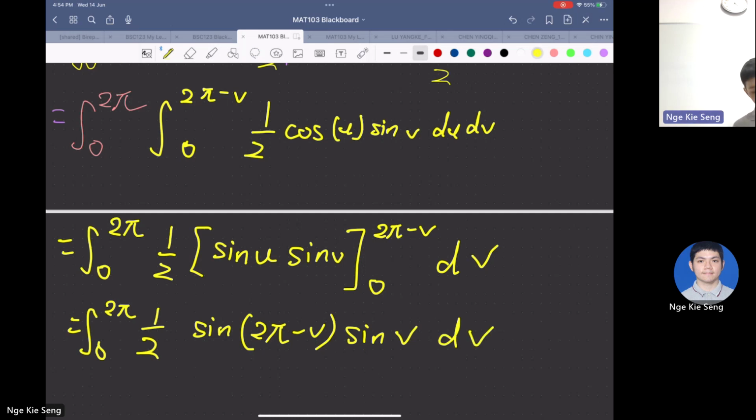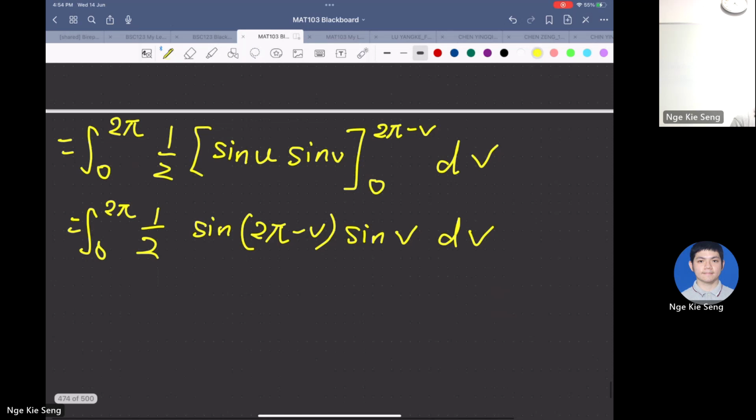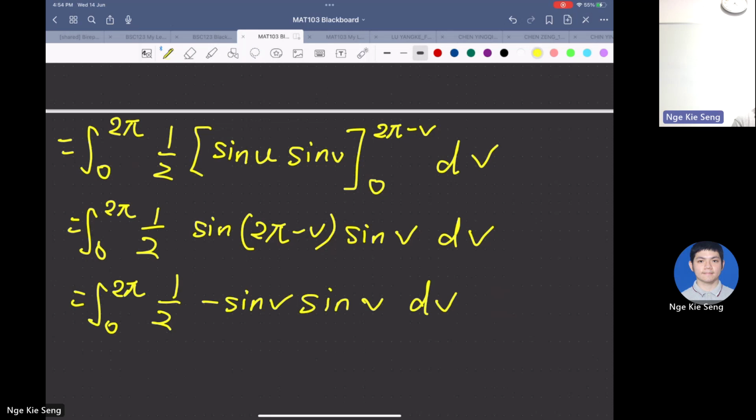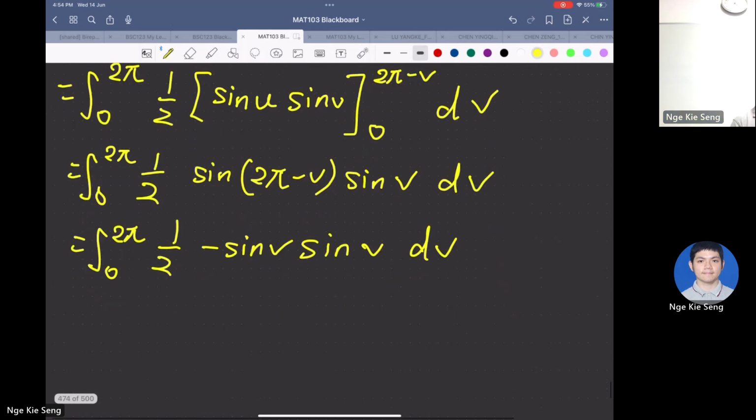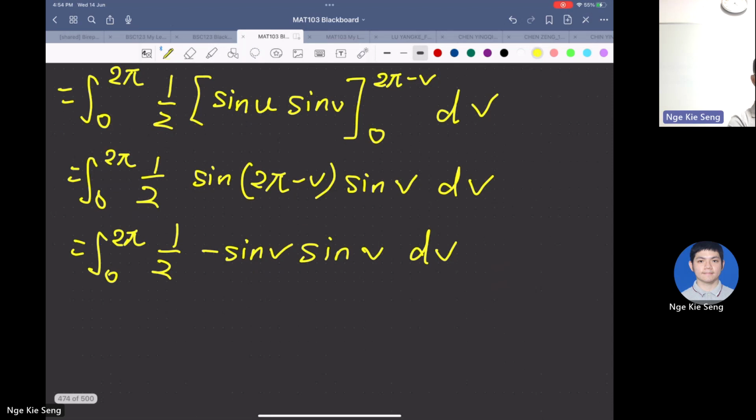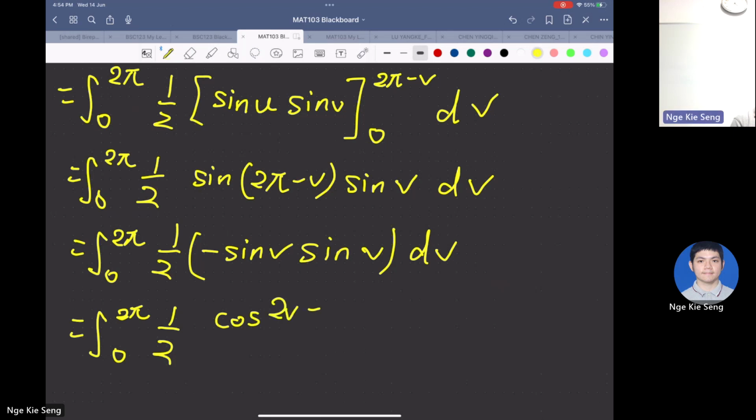Okay, so what is sine of 2 pi minus v? Negative sine v. Okay, good. So you get this integral here. Is it straightforward or not? So this is just cos 2v minus 1 over 2, the double angle formula.